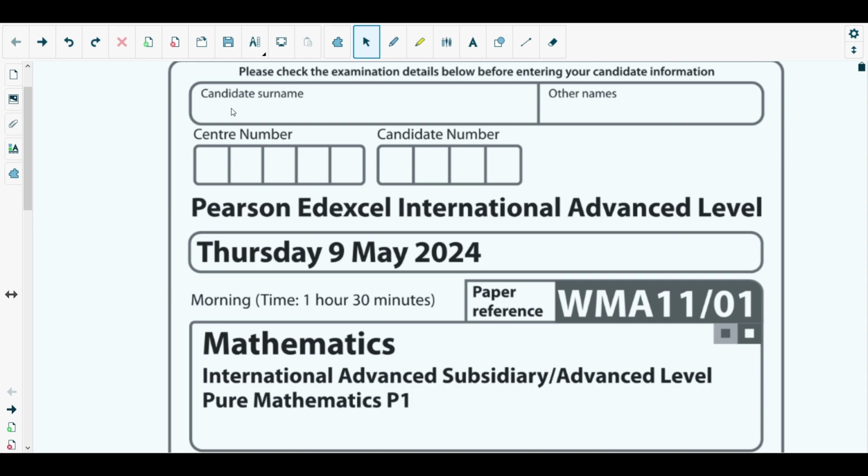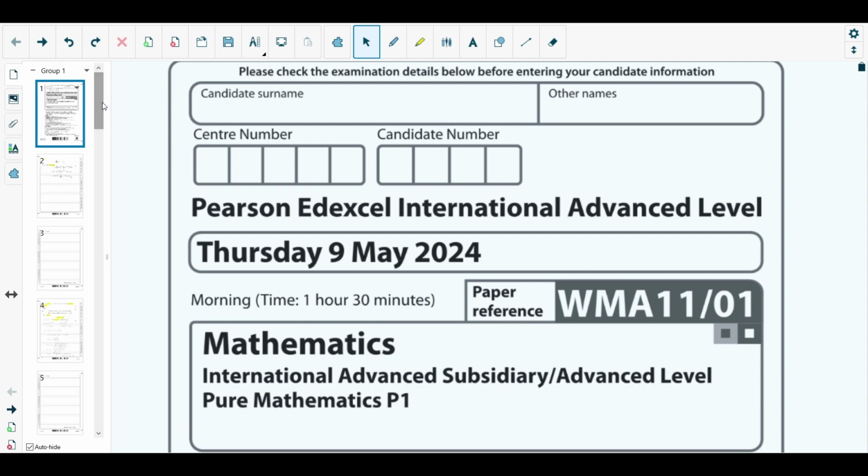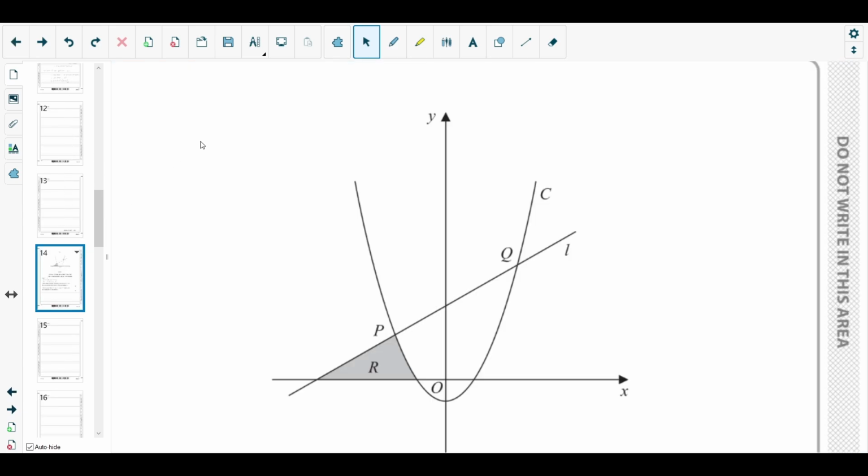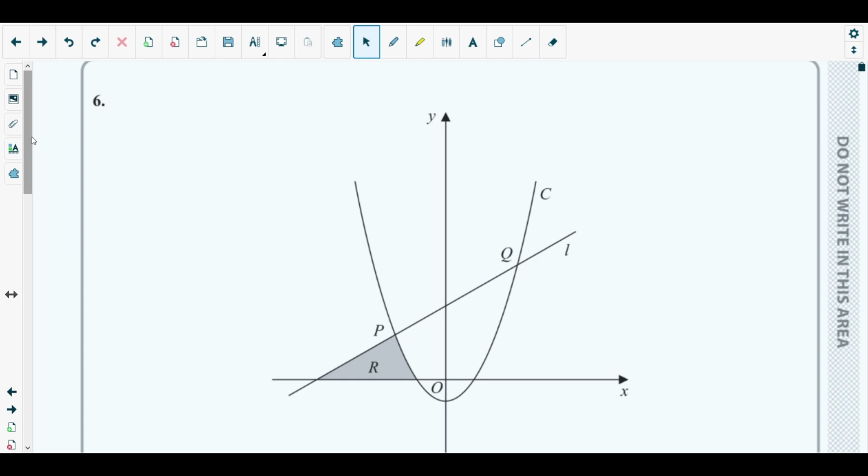So in this video we will be solving question number 6 from the May 2024 P1 paper. Let's see what the topic of question number 6 is. The concepts behind it are discussed in chapter 3 of your P1 textbook, that is equations and inequalities.